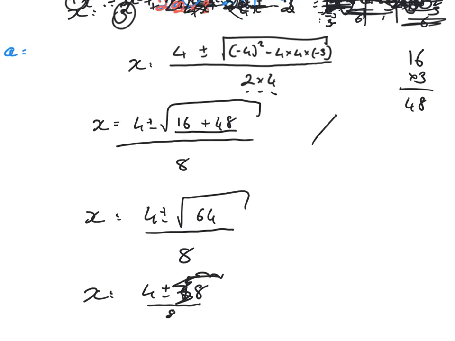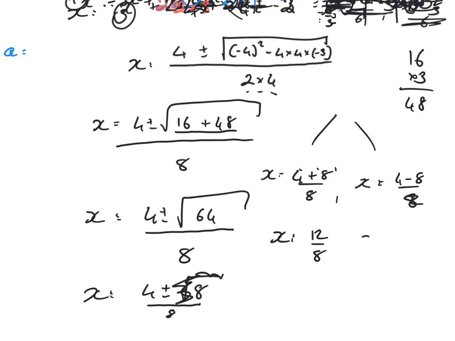Let's split the thing up now, and that will be x equals 4 plus 8 over 8 and 4 minus 8 over 8. Okay, so 4 plus 8 is 12, 12 divided by 8, and over here we've got 4 minus 8, which is minus 4 divided by 8.